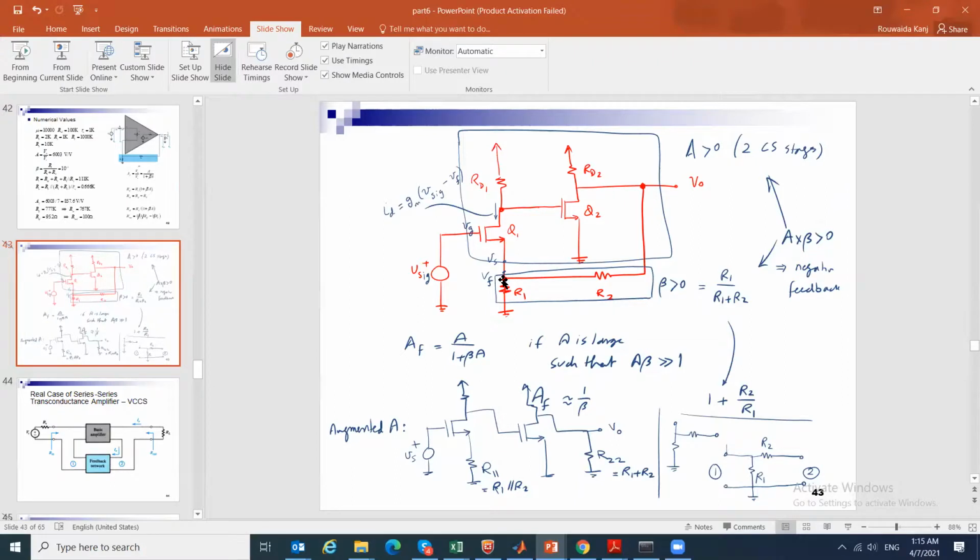There's a feedback that senses the output and then places it back in series with the source node, such that the Vsig and Vgs and Vf form a loop.